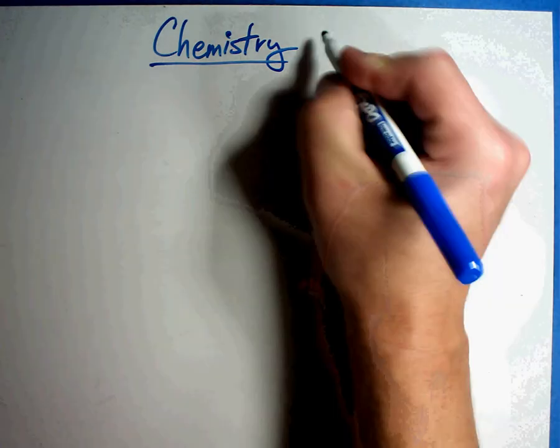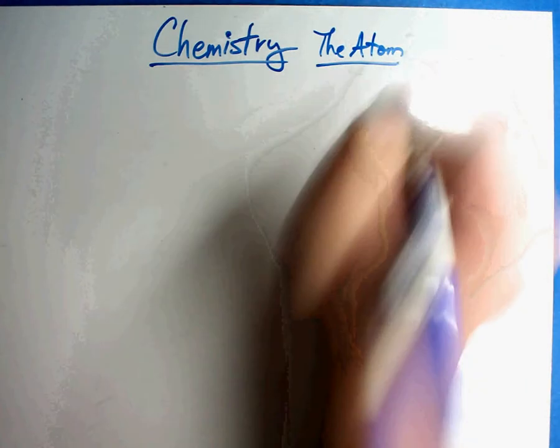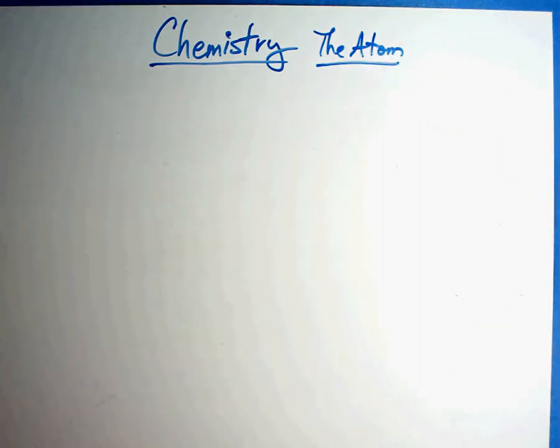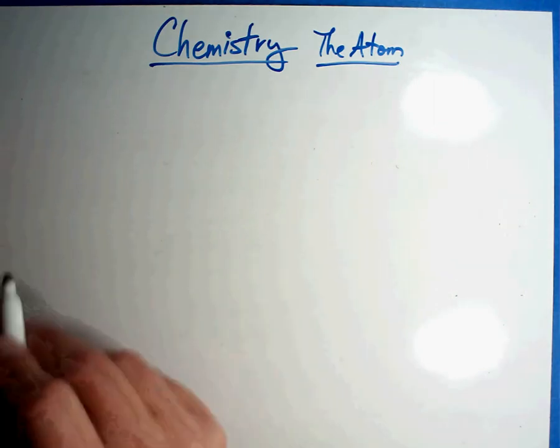Today we begin chemistry, and we're going to talk about the atom. When we went through the biology section, the study of life, we talked about the cell because it is the smallest part of all living things. Today we're going to talk about the atom, the smallest particle of all matter.